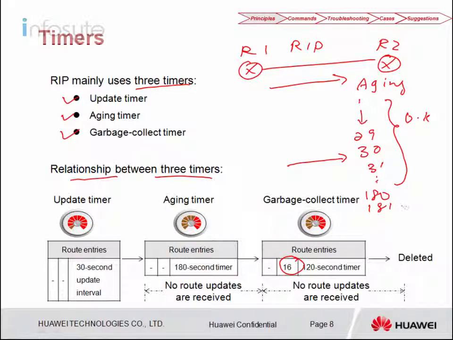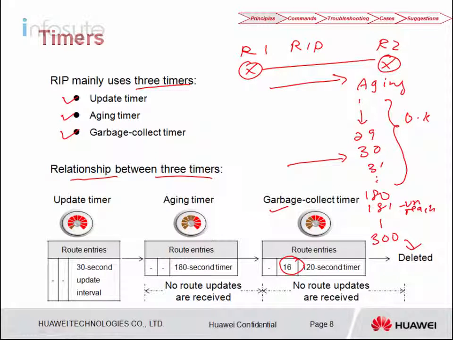The hop count becomes unreachable. Okay, so when we reach 300 seconds, which is another 120 seconds from the aging timer, when it first starts the garbage collect timer, it will be unreachable, and once it goes up to 301 seconds, it will go into delete.